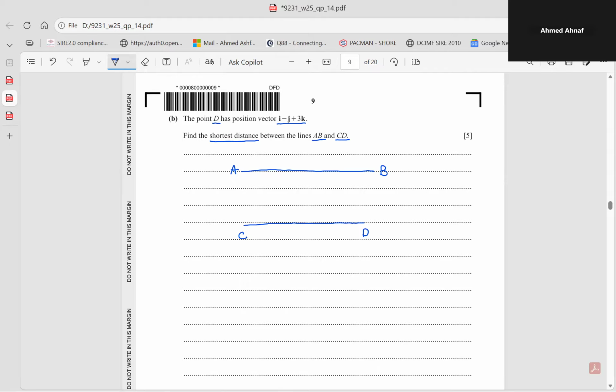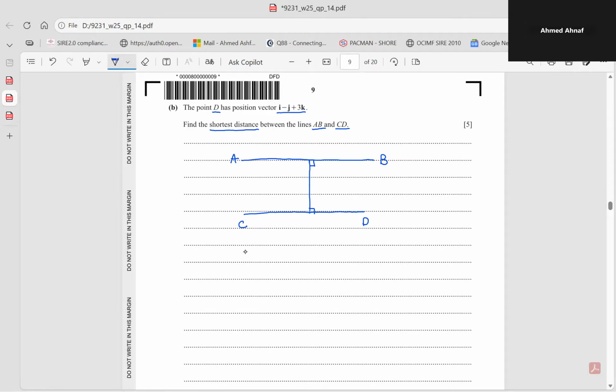Similarly, for the shortest distance between two lines, we just have to find the line that is perpendicular to both the lines we are trying to measure the distance between. So we have to first find a common perpendicular between AB and CD. Let's do that first.